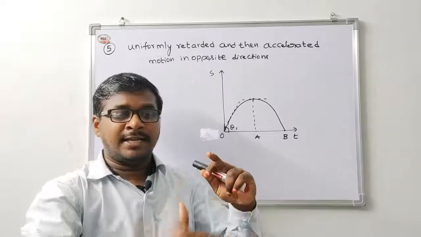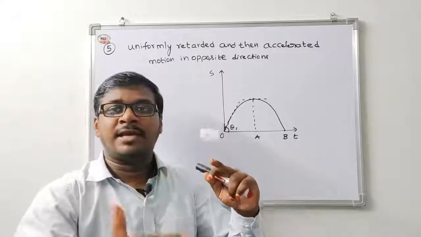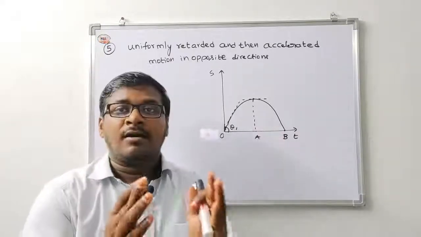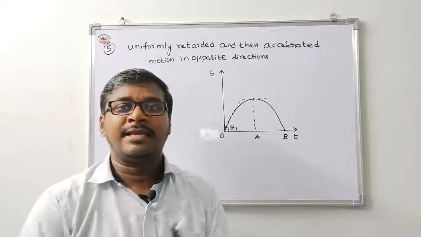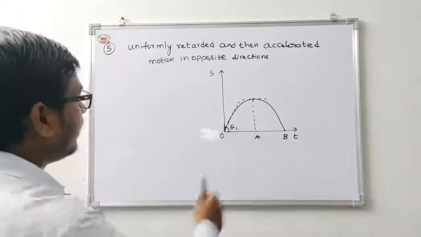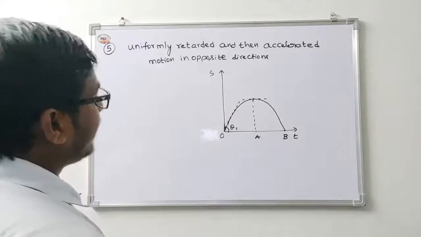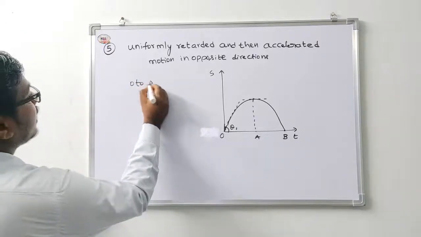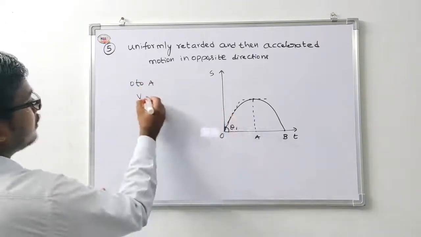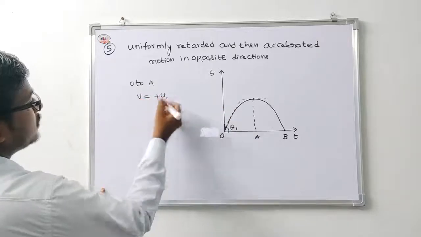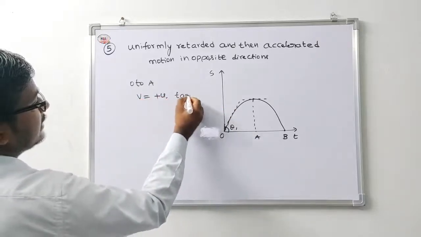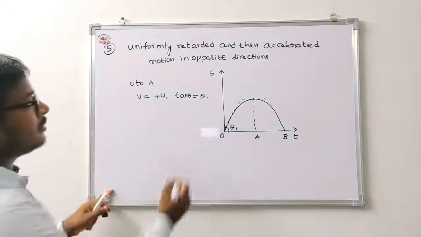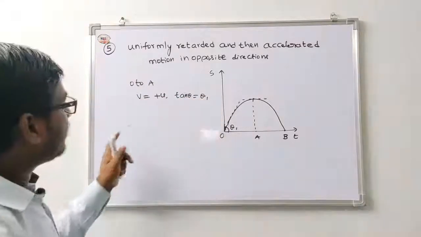Decreasing means the velocity then becomes negative and is increasing in magnitude. In this, from O to A, the velocity is positive, and tan theta is tan theta 1.